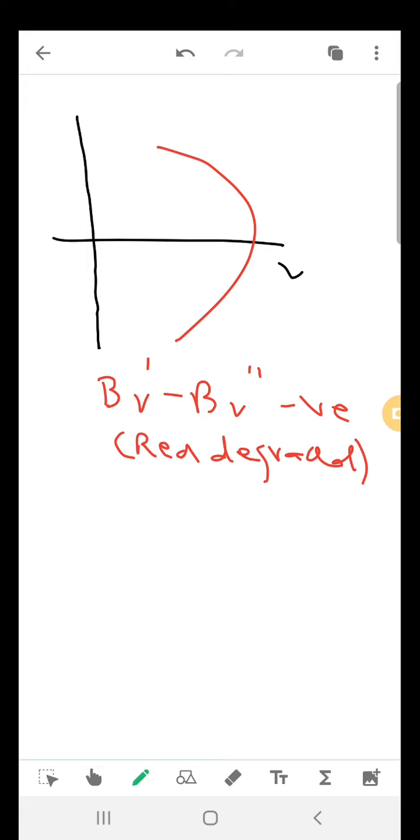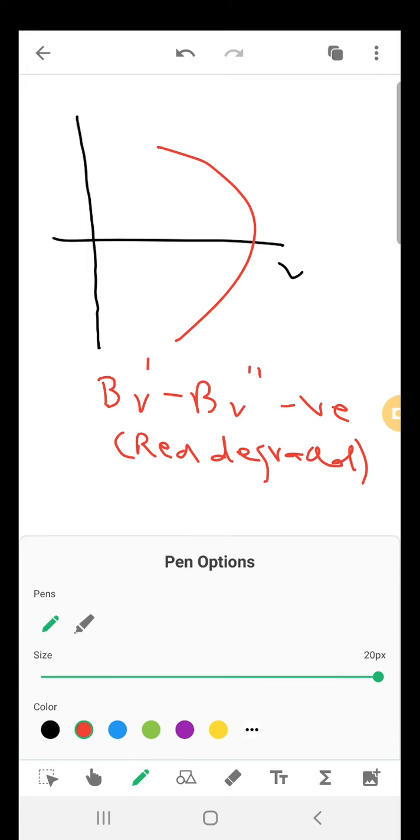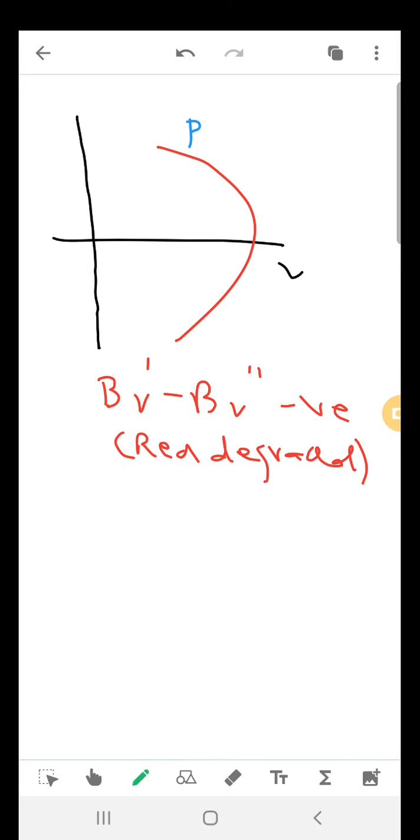This is the R, this is the P, and the value of M here is 0, and it's -4, -8, -12, and 4, 8, 12.